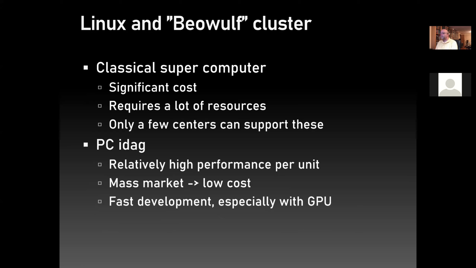That means the PC architecture became a mass market, and the components were really low cost. So some researchers thought, why do we have to spend so much money on supercomputers when we can build them ourselves?